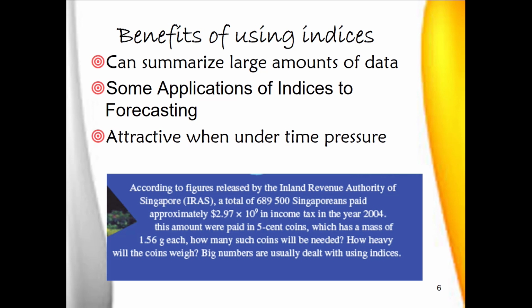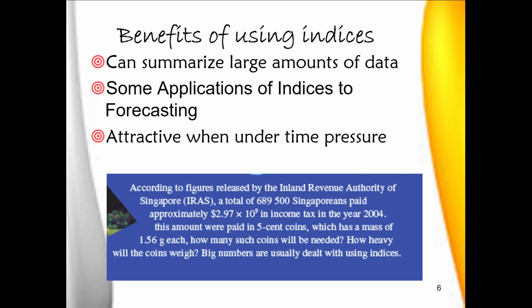It is very attractive when you have very little time. For example, imagine 7 to the power of 101. In the past, people had to write the 7 out 101 times. But with indices, you just write 7 with a superscript 101. It means the value. So it is useful when you are under time pressure.